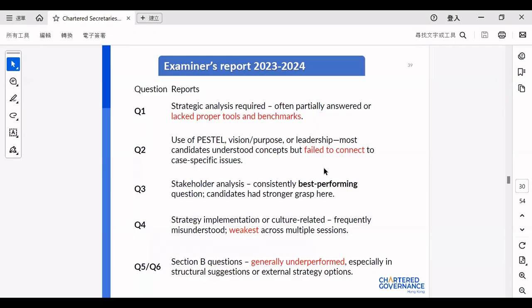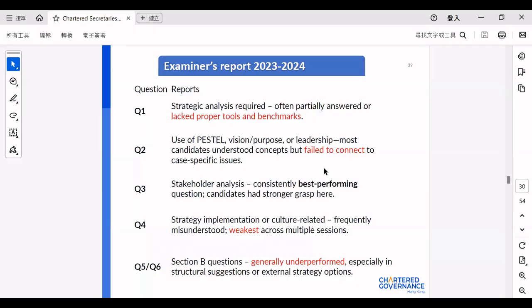Sometimes there are no right or wrong answers. If you use a different set of tools to apply to the scenario, they're equally good as long as you can justify your choice of the tools.